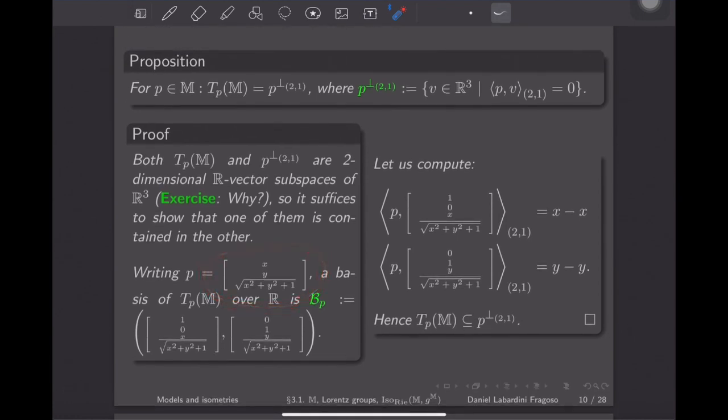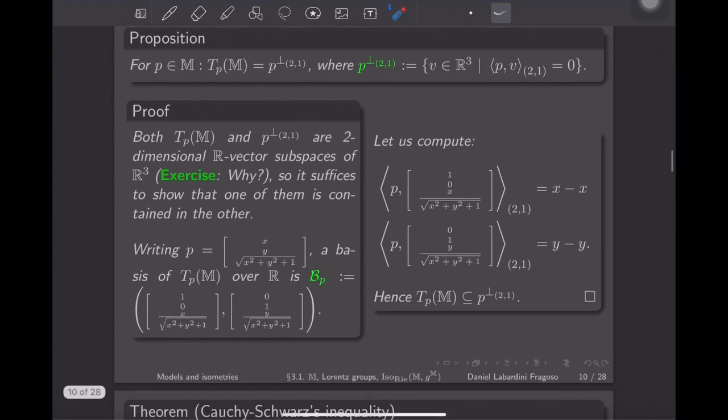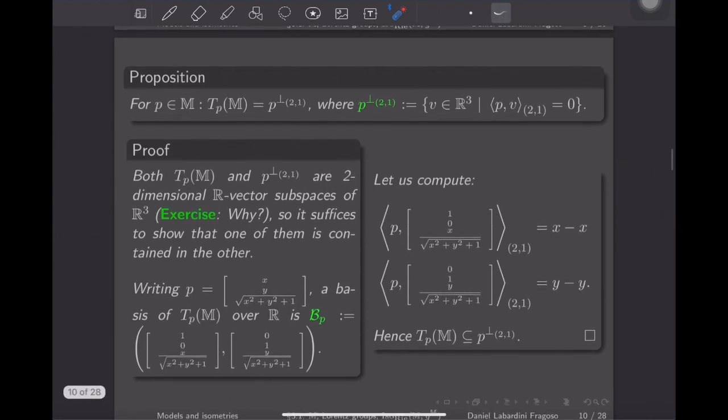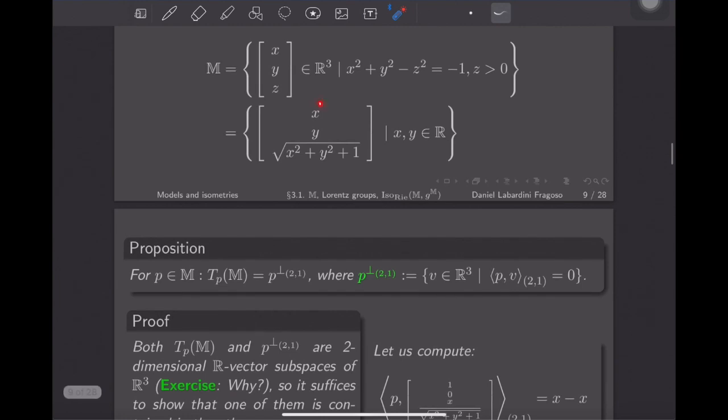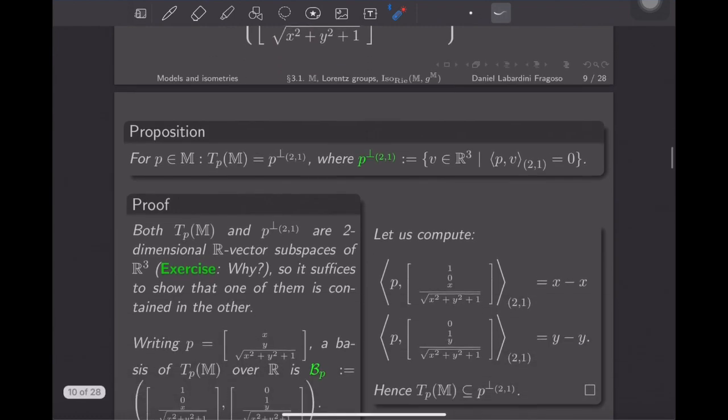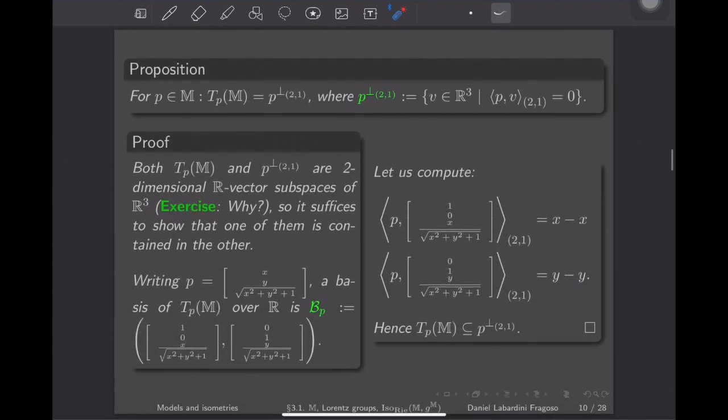Because writing it that way allows me to compute a basis of this tangent space just using the partial derivatives. I have the function that to x, y associates this number, and then the tangent plane can be computed just in terms of the partial derivatives.